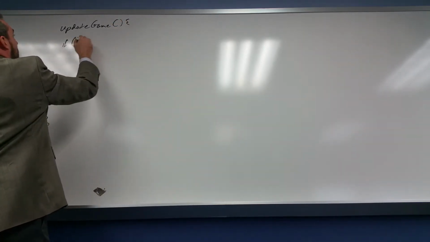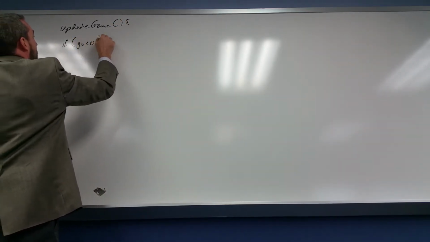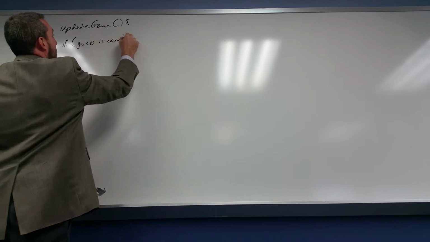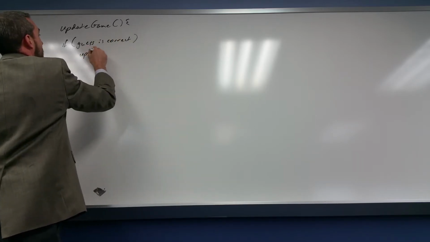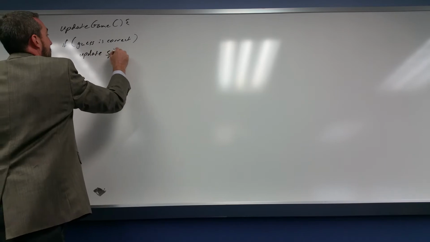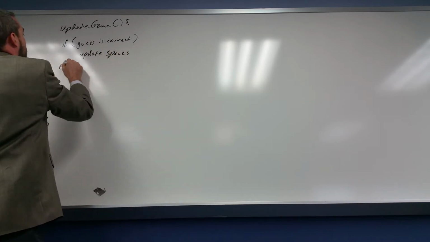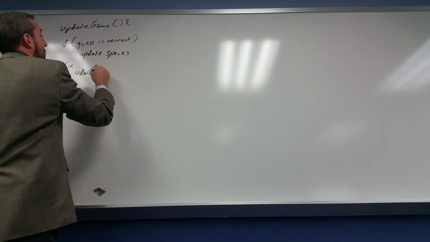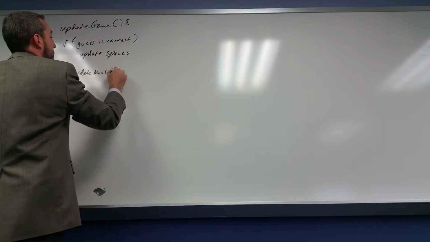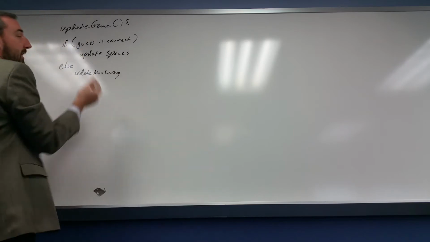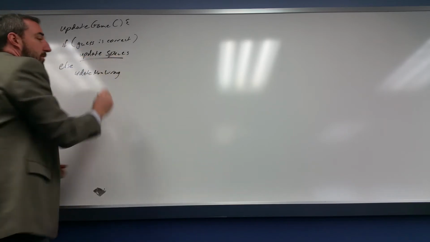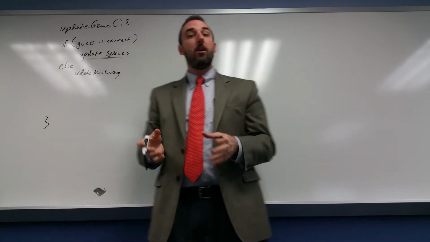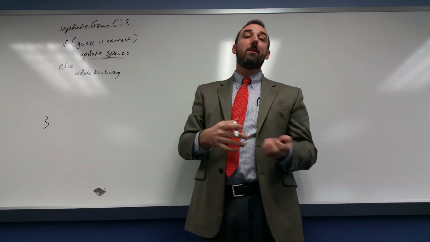If the guess is correct, update the spaces. Otherwise, update the number wrong or the wrong letters, whatever you were using. But when I say update spaces, I mean this thing. We're just taking the spaces that used to be there and turning them into the spaces that should be there.